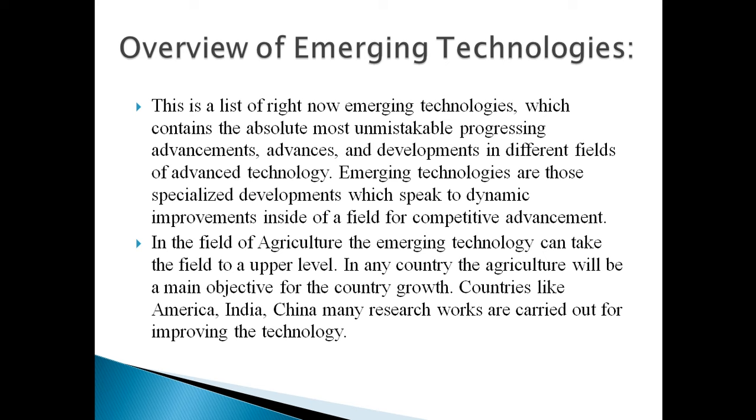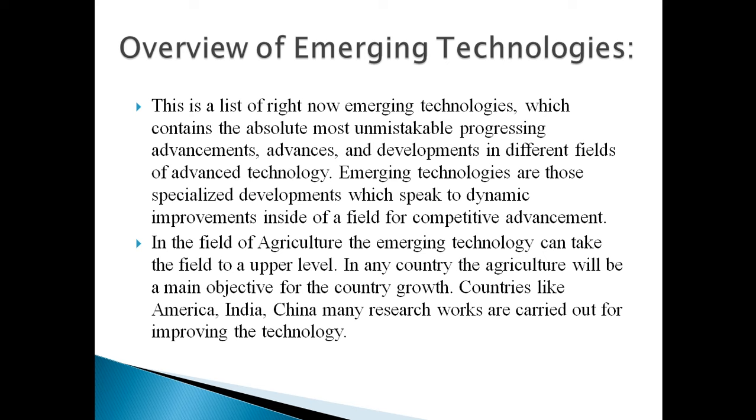This is a list of the emerging technologies right now, which contains the most prominent ongoing advances and developments in various fields of advanced technology. Emerging technologies are those specialized developments which represent dynamic improvements inside a field for competitive advancements. In the field of agriculture, emerging technologies can take the field to an upper level.